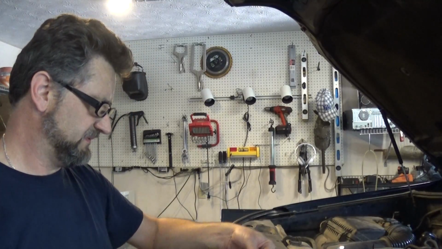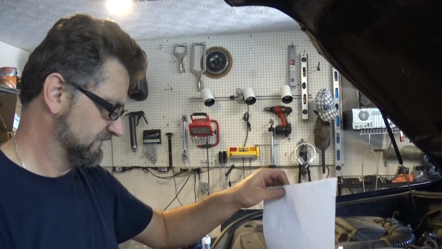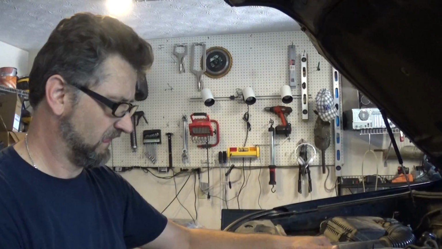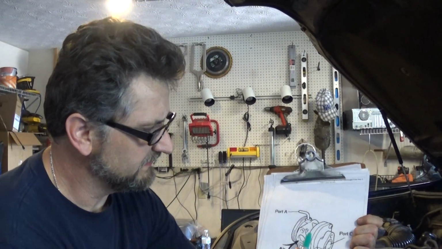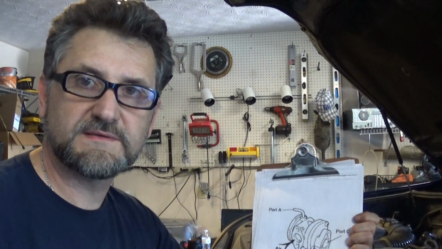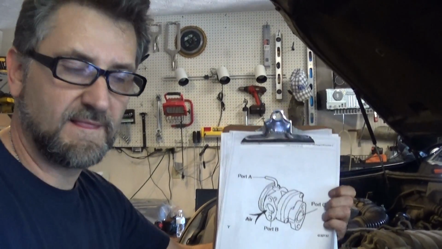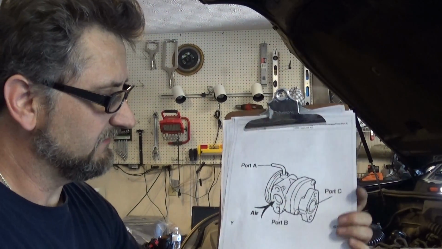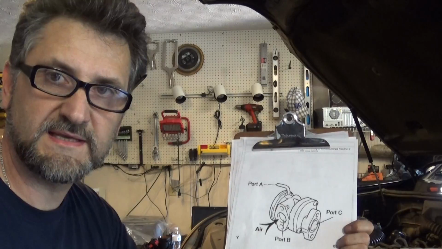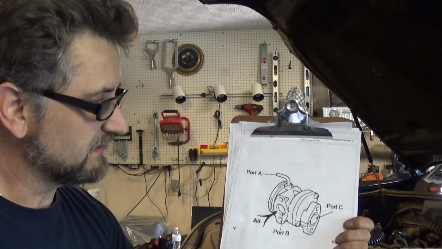One thing you can do, I got some pictures here. This is your divert valve, or valve number 2, the one that's vacuum controlled.